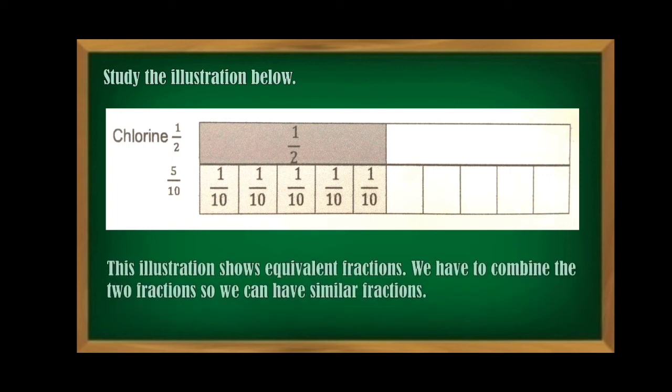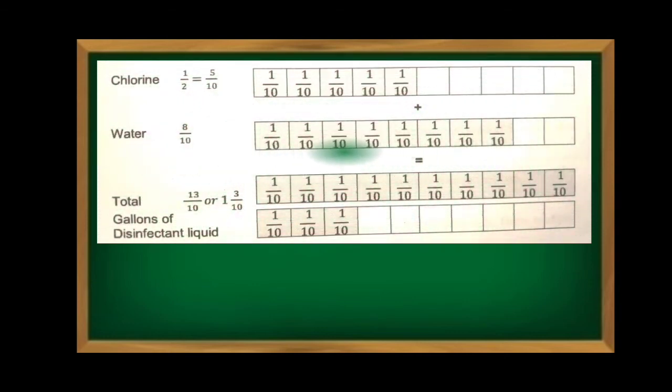This illustration shows equivalent fractions. We have to combine the fractions so we can have similar fractions. So chlorine is 1/2, which is equivalent to 5/10, and water is 8/10.